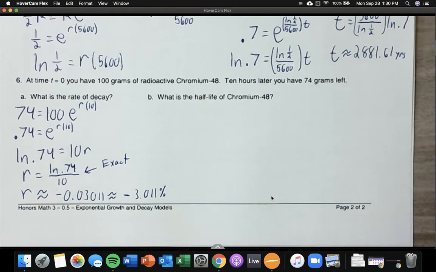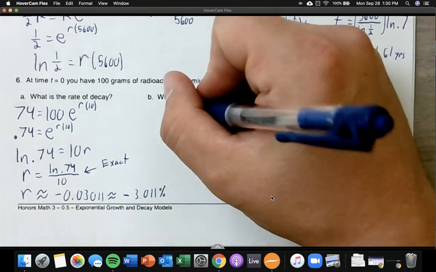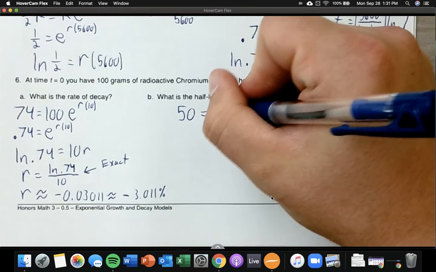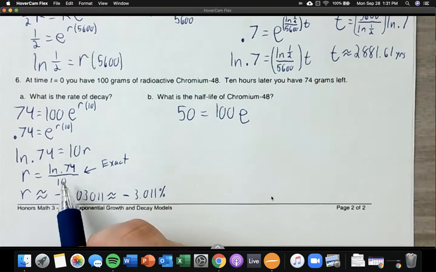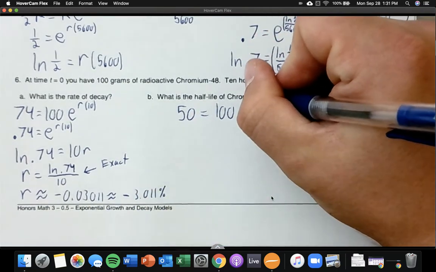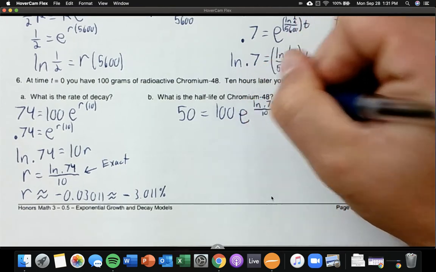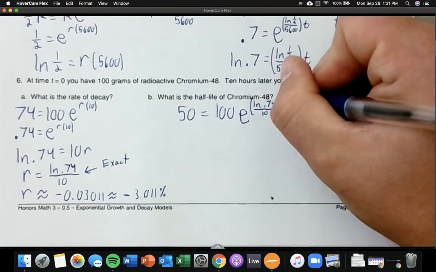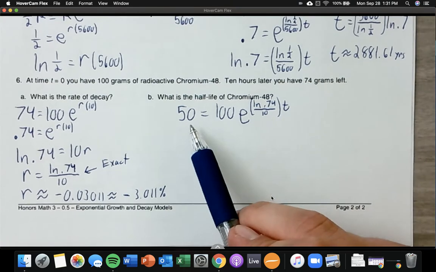Then B is asking, what is the half-life of chromium-48? Well, we know it's starting with 100, so we want to know how long it is going to take for it to get to 50. So we go 50 equals 100 times e raised to our exact answer here, the natural log of 0.74 divided by 10, and that's multiplied by the time, which we're solving for. We want to know what is the half-life. How long does it take for it to go from 100 to 50?